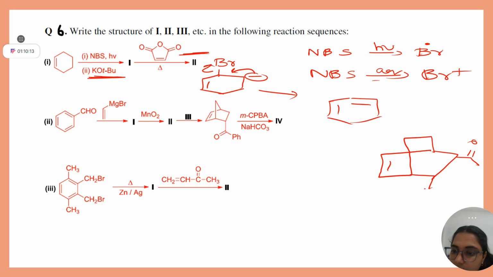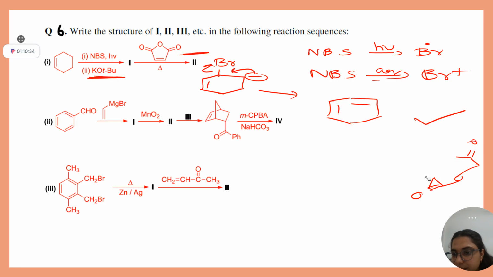C double bond O, C double bond O. Clear? So this will be your product in case 1. I hope it is clear. You also got this product, right? I'm making it again.